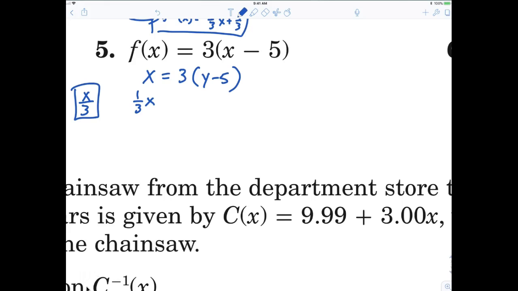So now 1/3 x equals y minus 5. So now what? That's right. So 1/3 x plus 5 equals y. So f negative 1 of x equals 1/3 x plus 5. Everybody happy? All right, one more.